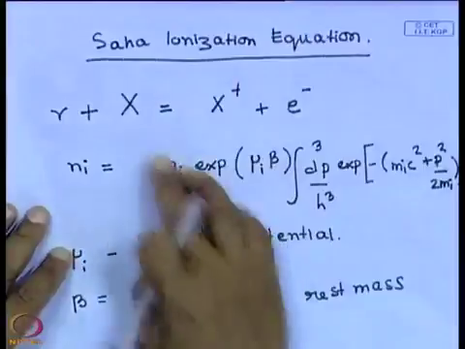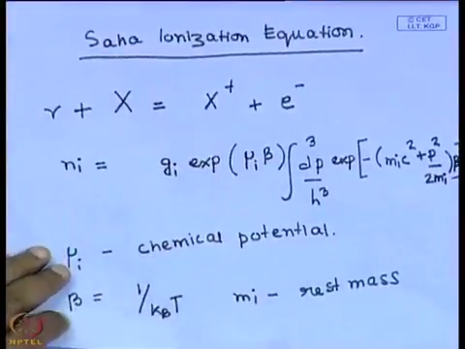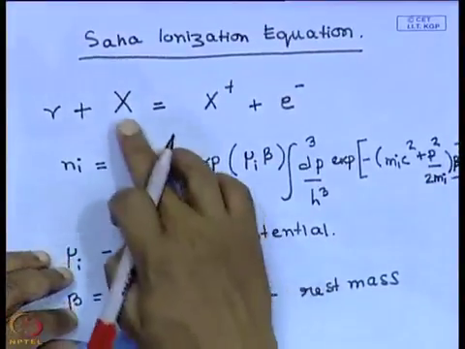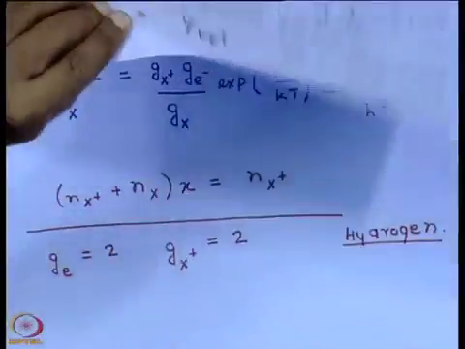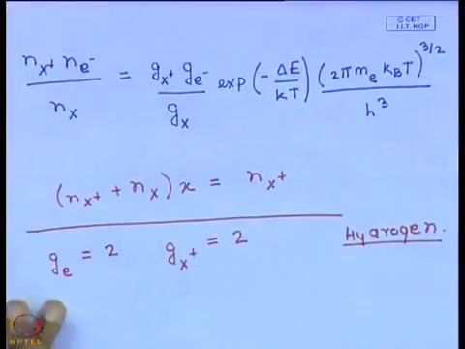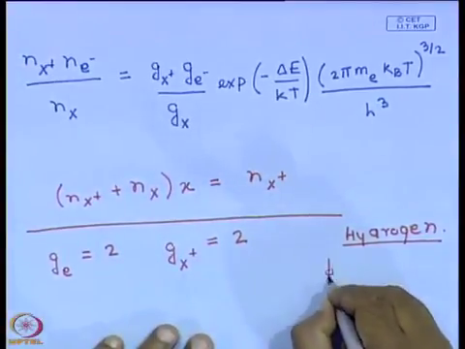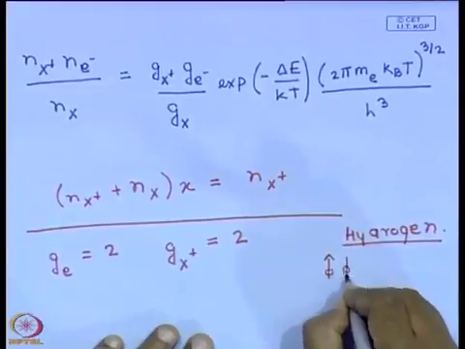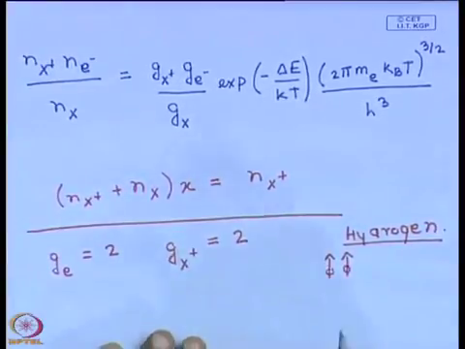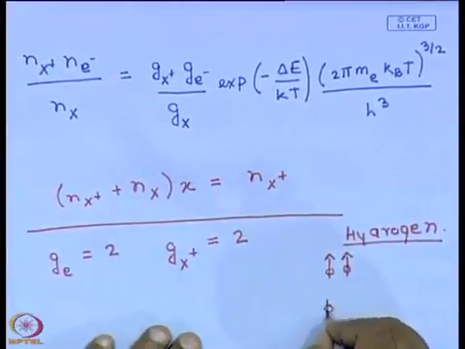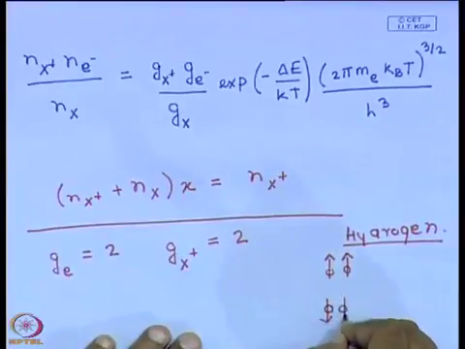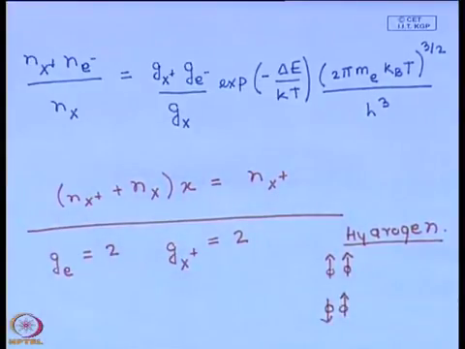And the ground state of the hydrogen atom, there are 2 possible states. In one state, the proton spin and the electron spin are aligned. In the other state, the proton spin and the electron spin are anti-aligned.